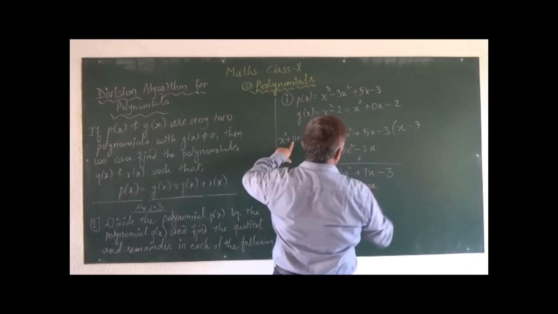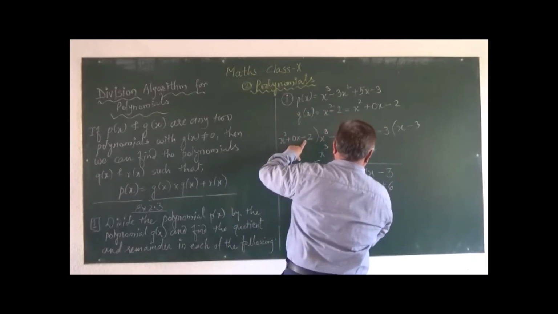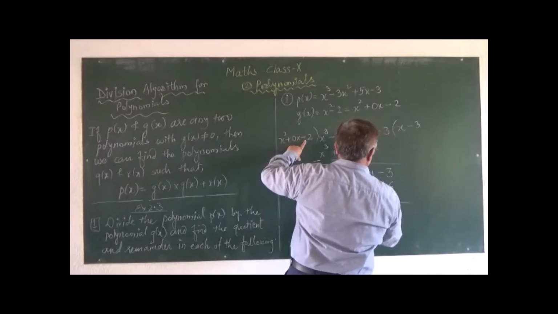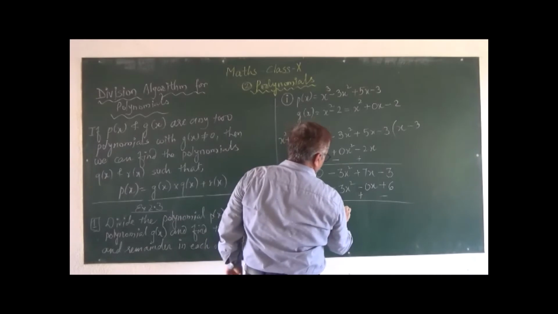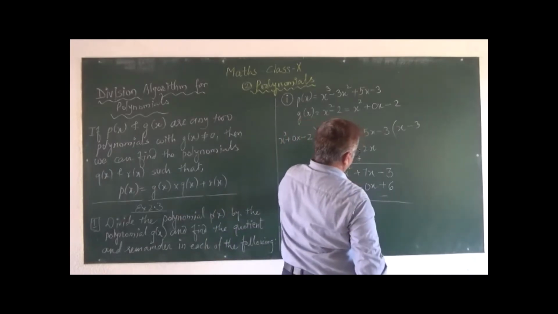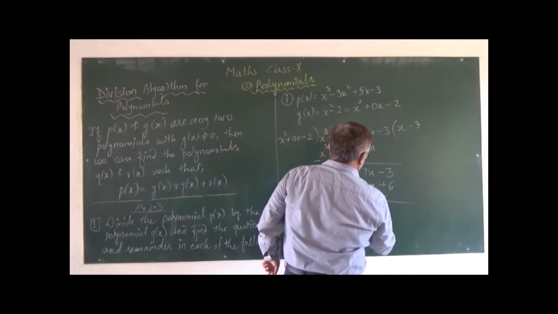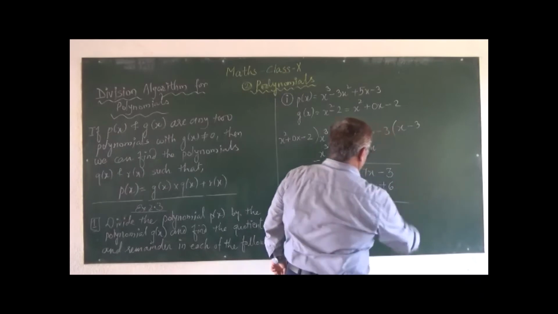It doesn't make any difference. And minus into minus is plus 6. So minus 3x square plus 3x square is nothing but 0. Plus 7x plus 0x, so that is plus 7x, minus 3 minus 6, so minus 9.